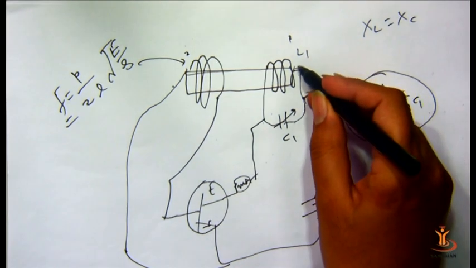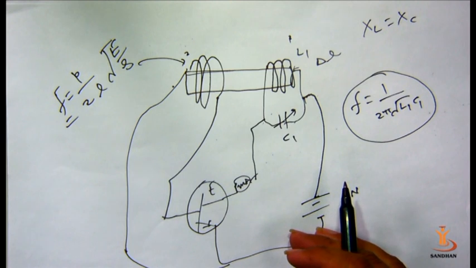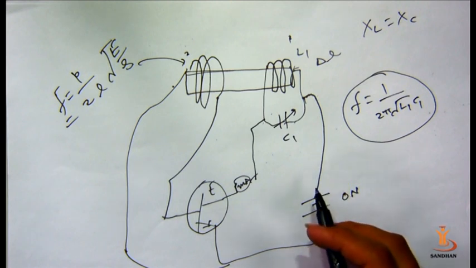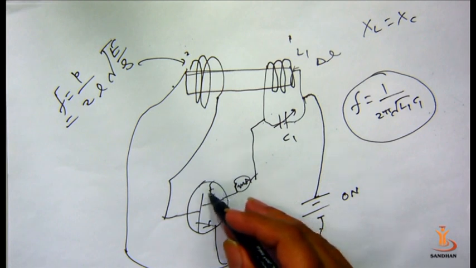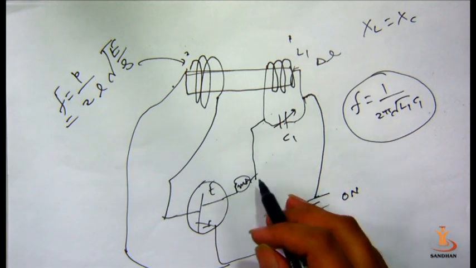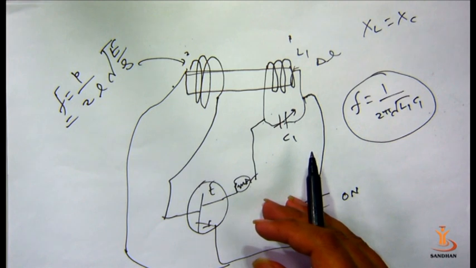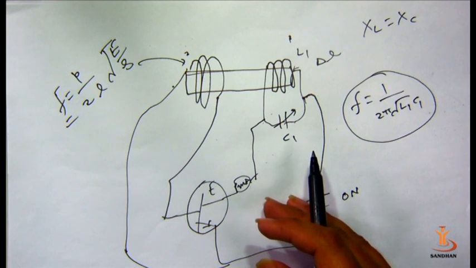So by introducing a change in length, that is delta L, some current will flow through the ammeter, and the current can be measured by the milliammeter. So there is just a generation of slight vibrations.